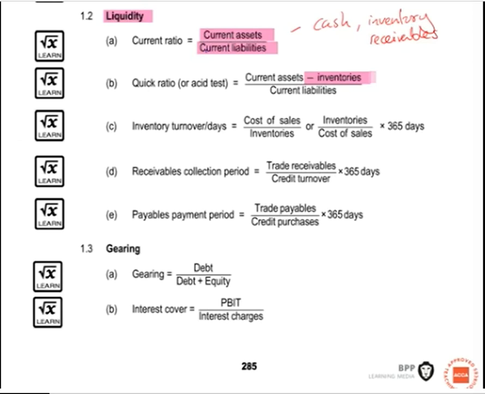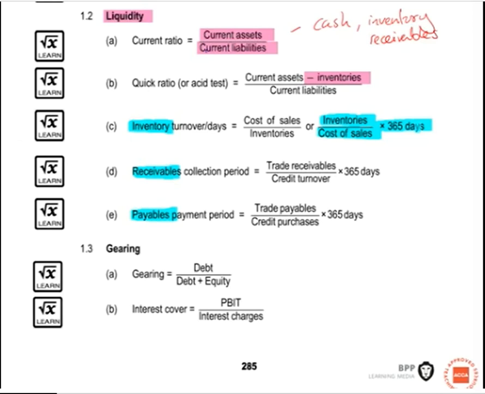Other important measures of liquidity would be to look at our inventory, receivables, and payables days. With inventory days or inventory turnover, we're looking at how long our inventory sits in the warehouse. So we'll calculate that as inventory over cost of sales multiplied by 365.